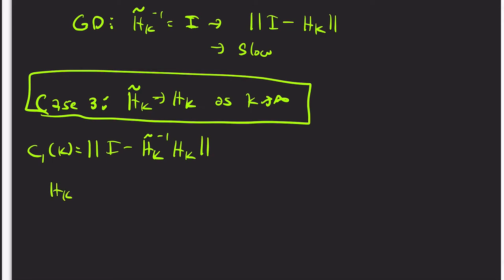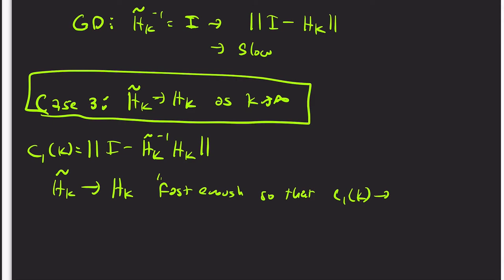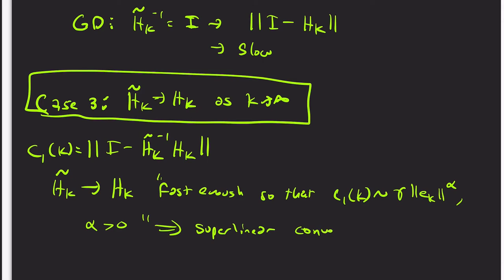And if H_k tilde goes to H_k fast enough so that c_1 of k goes as a constant gamma times e_k to the alpha for alpha greater than 0, then in this case we get superlinear convergence, which is fast.